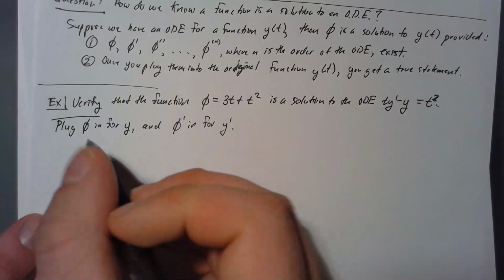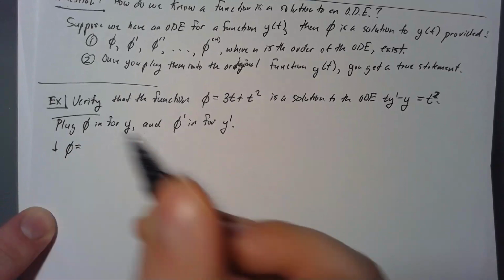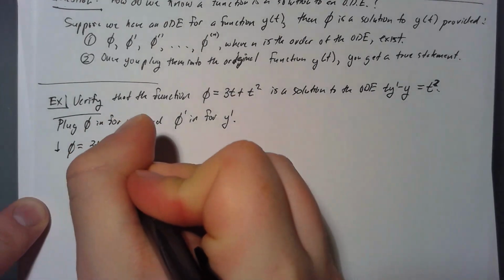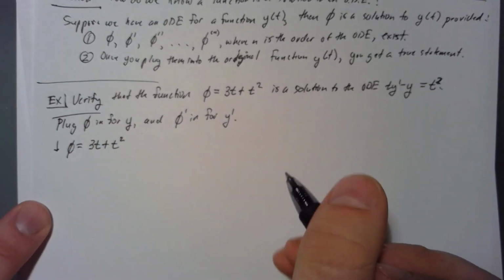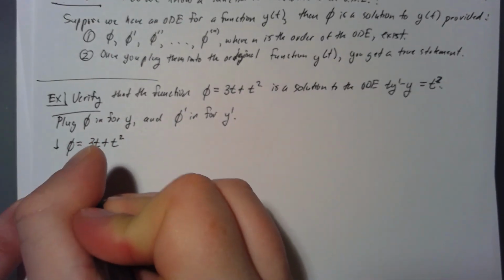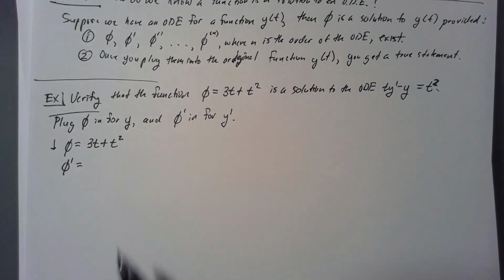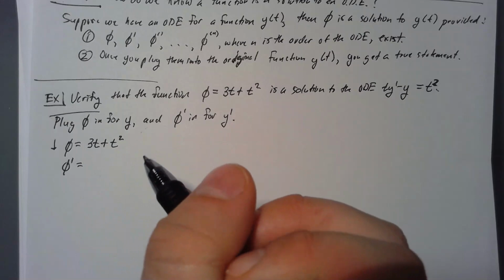All right. So what was phi? 3t plus t squared. What's the derivative of that? What's the derivative of phi? So take the derivative of this. Well, that's easy. That's going to be 3 plus 2t.